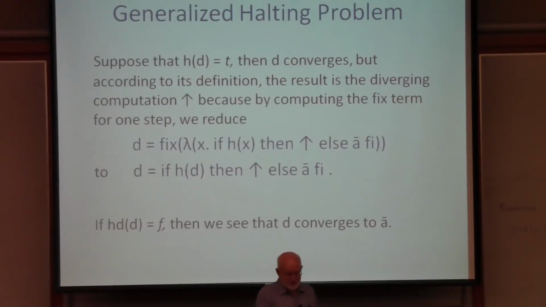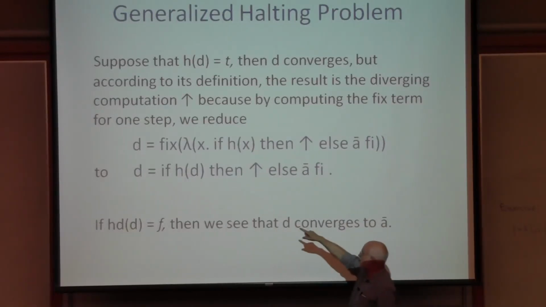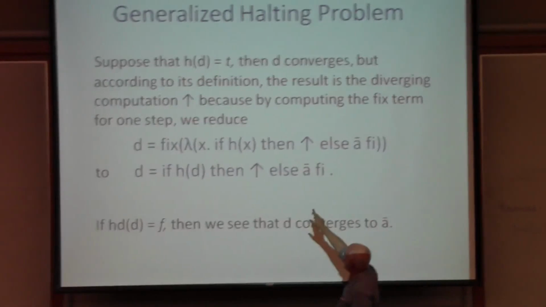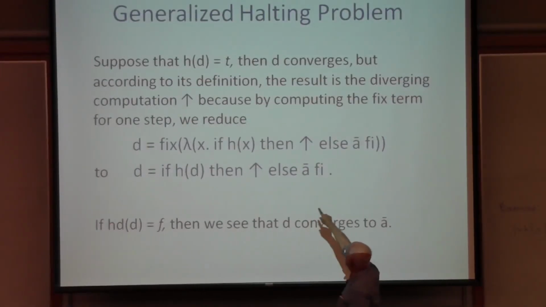And what we'll do is take a look at what it is, there's its definition. And let's apply H to D and see what happens. So D is defined this way on the first line. That's the definition of D. So we see that it has the property that if H of D is true, then that function up there is going to diverge.